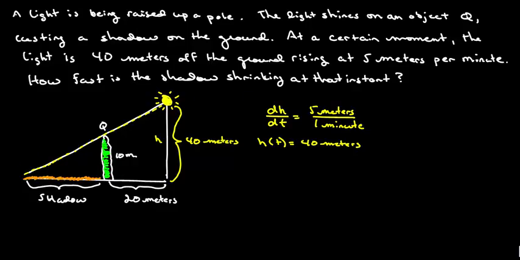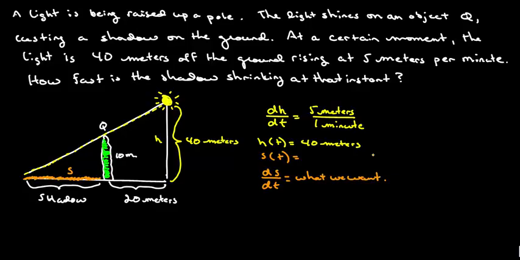So let's just call this shadow S. I'm using different variables than in the book because I want you to get used to using stuff other than Y's and X's. So this right here, S is also a function of time. Okay, we don't know exactly what it is, but we're going to be able to figure this out. What we want to know is how is S, the shadow length, changing with respect to time. So this is what we want.